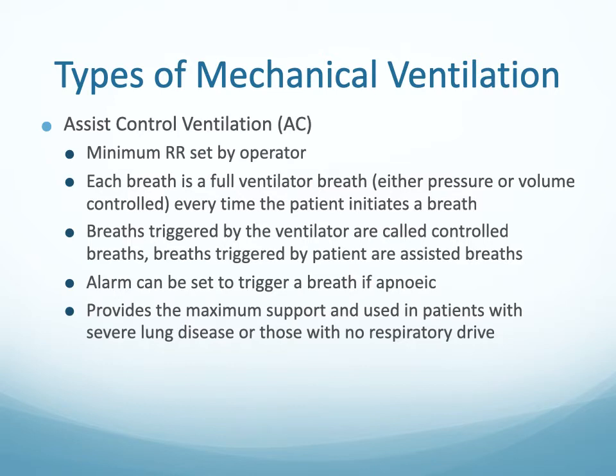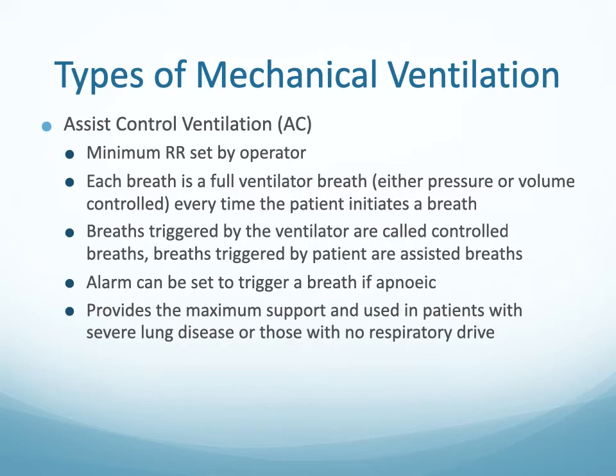That limits the amount of pressure being supplied to the lung, and so it's a little bit more lung protective. Now, it's called assist control because breathing that's triggered by the ventilator is called a controlled breath, and when a patient attempts to breathe, the machine gets triggered. Those breaths that are initiated by a patient are called assisted breaths.